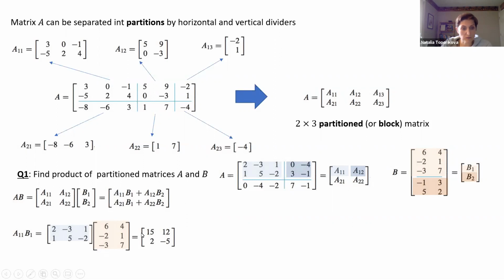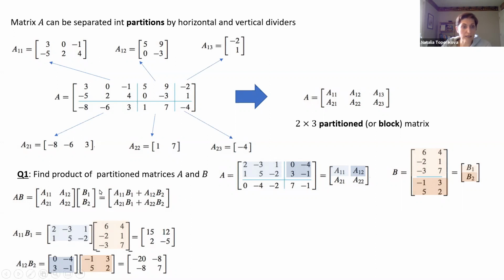Okay, so let's perform the matrix operations and find the result, a 2 by 2 matrix. And let's do the same for the second part of our first row, A12, which we multiply by the submatrix B2. And again, we find another 2 by 2 matrix.